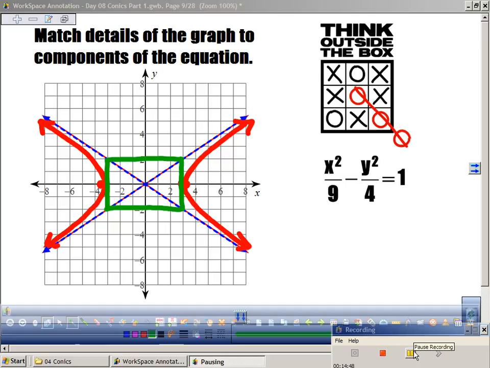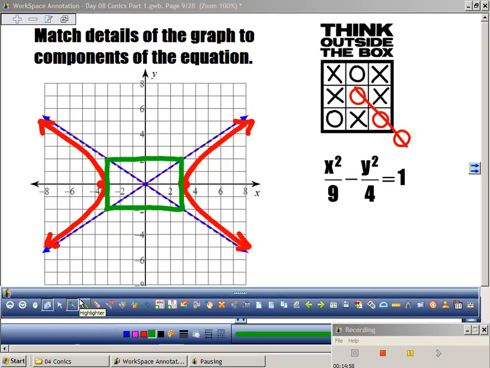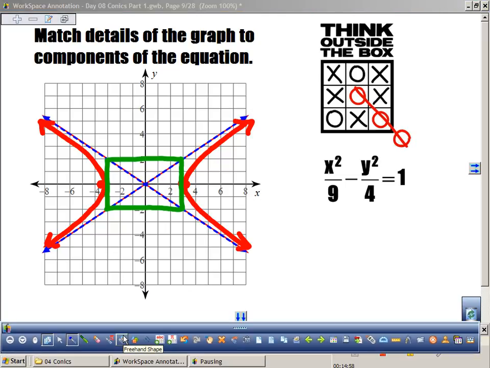All right, did you guys figure it out? I've got Dustin. Dustin, can you give me one detail of the graph that matches a component of the equation? The 9 is how far the vertex is out to what? From the origin out on the x-axis or the y-axis?